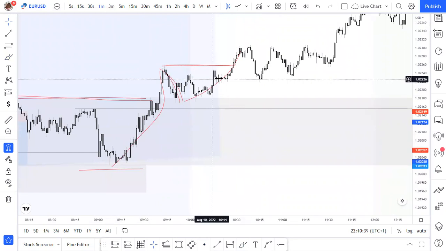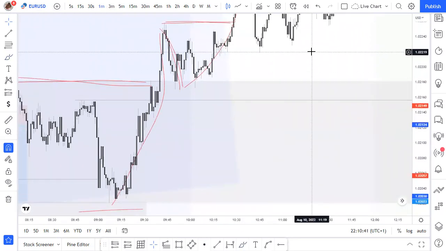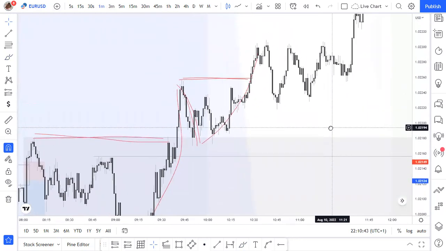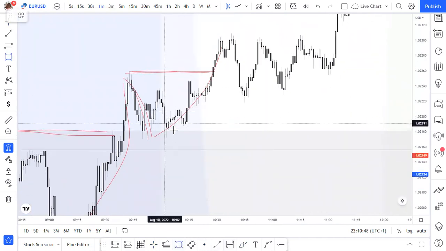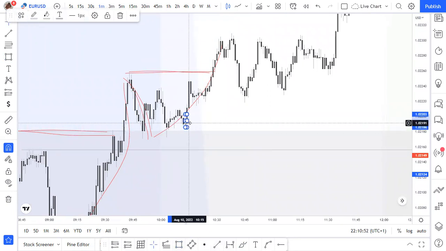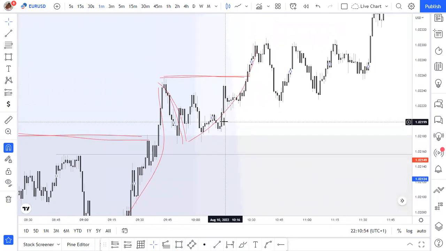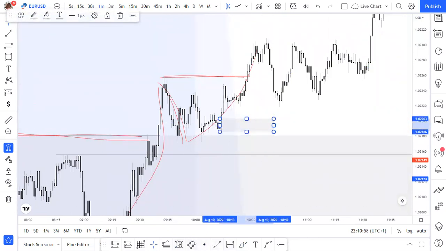if I have this one, because when I was looking at price, I was confused. I didn't know if I should use this as my zone for an entry, or I should use the one above, this particular one, or I should use this one here.